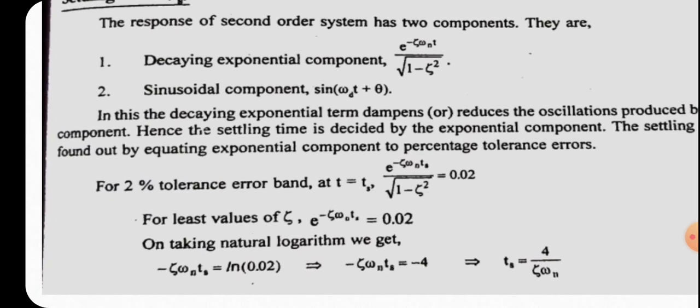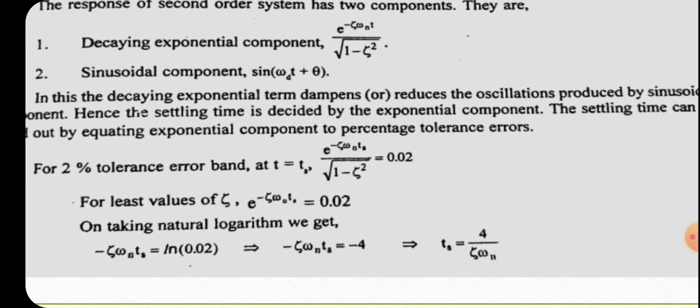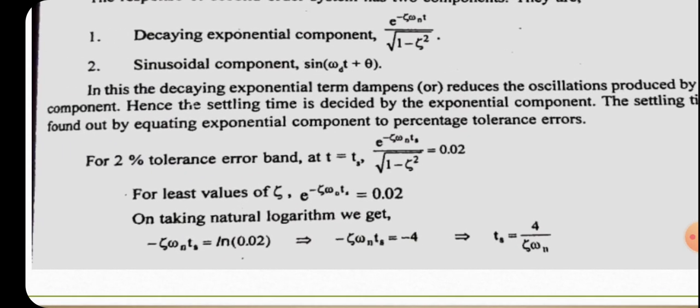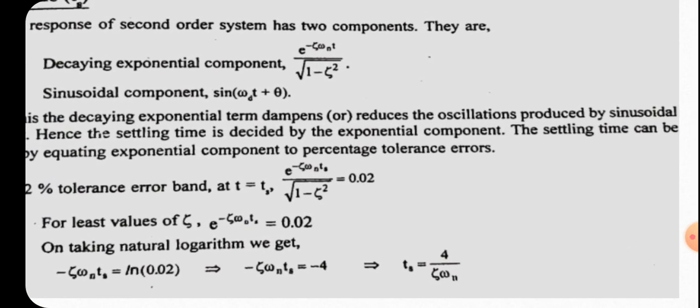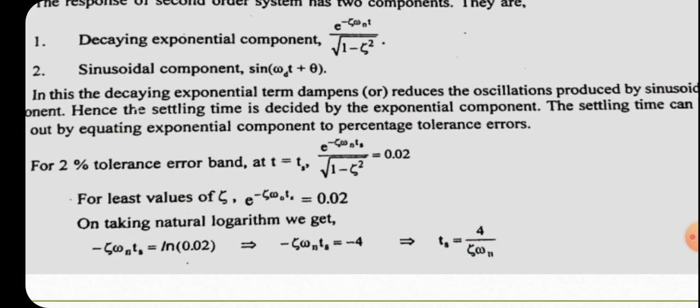Hence the settling time is decided by the exponential component, and the settling time can be found out by equating the exponential component to the percentage tolerance error. Therefore for 2% tolerance error, at t equal to ts, we substitute the value of ts in the exponential term, that is e raised to minus epsilon into omega n into ts divided by square root 1 minus epsilon square equal to 0.02.